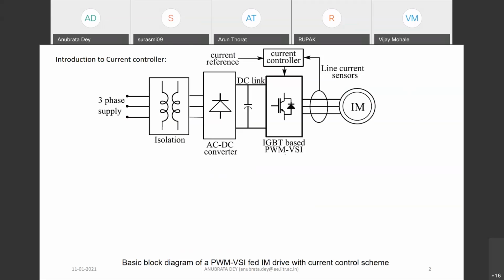From those outer layer controls, you generally find a current reference. I am not showing those outer layer controls here. Basically you get a current reference as a result of them.